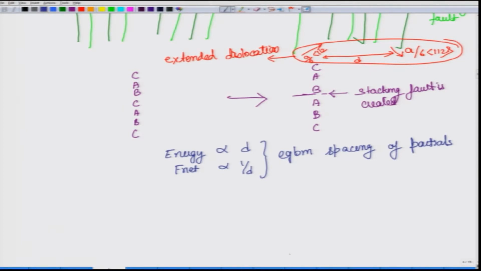What I am trying to say is that the width of the extended dislocation would be dependent on material properties.